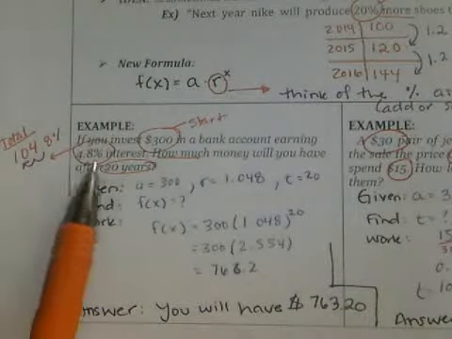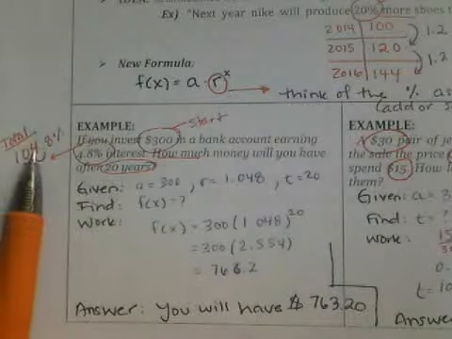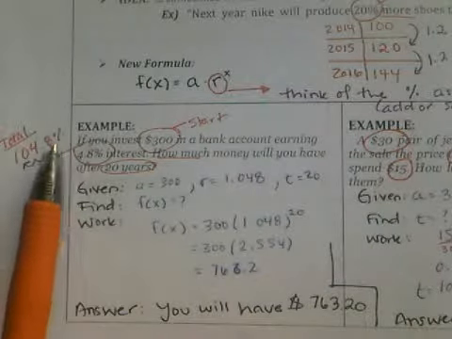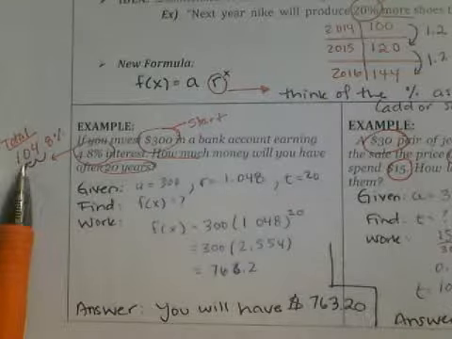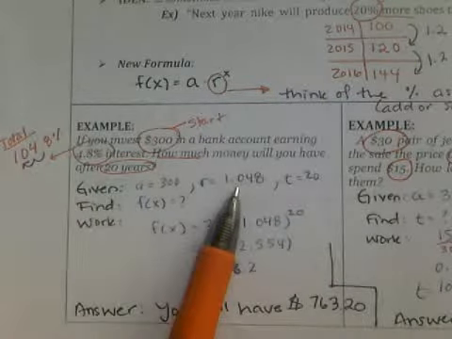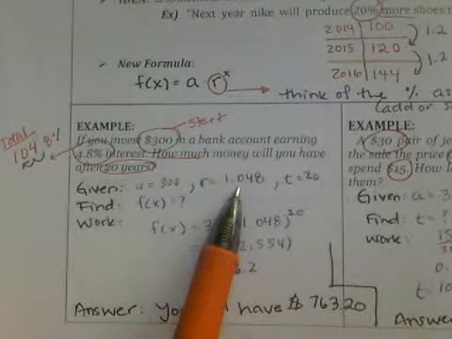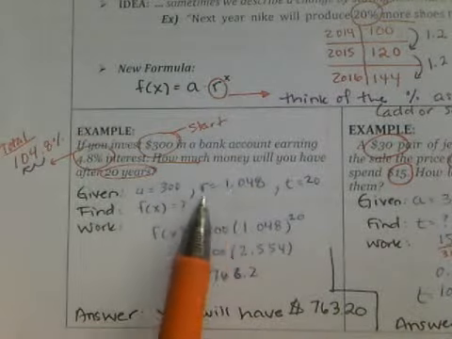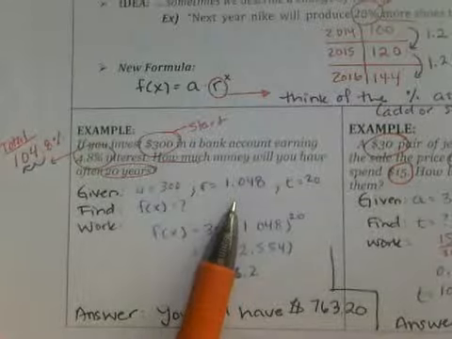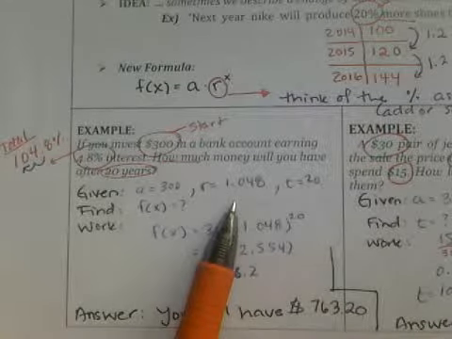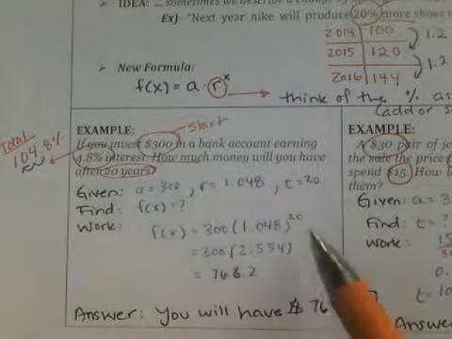So the total amount that you'll have is 104.8%. To convert that to a decimal, I move it 2 times to the left, which means my change factor r is 1.048. If this is still confusing to you, pause the video right now, rewind 30 seconds, and listen to it again. If this makes sense, so should the rest.